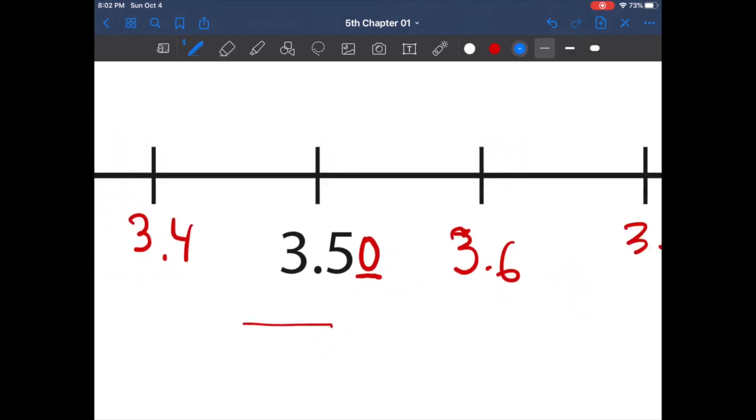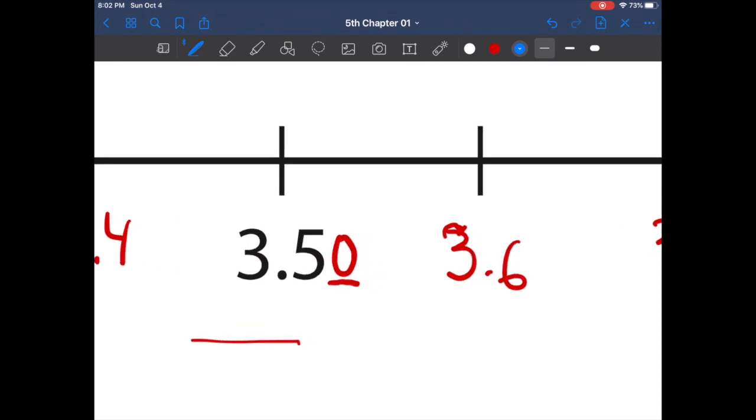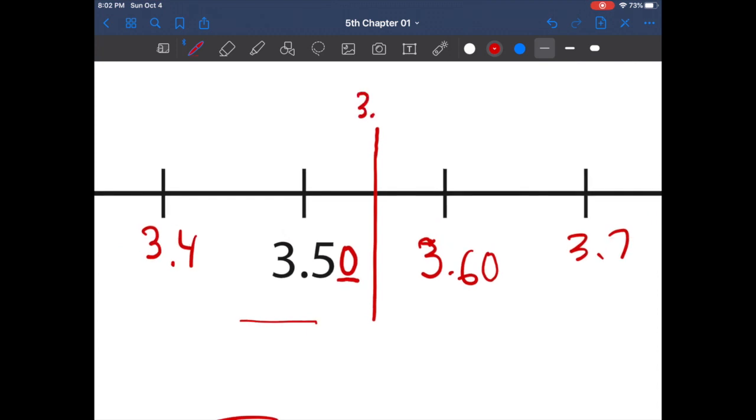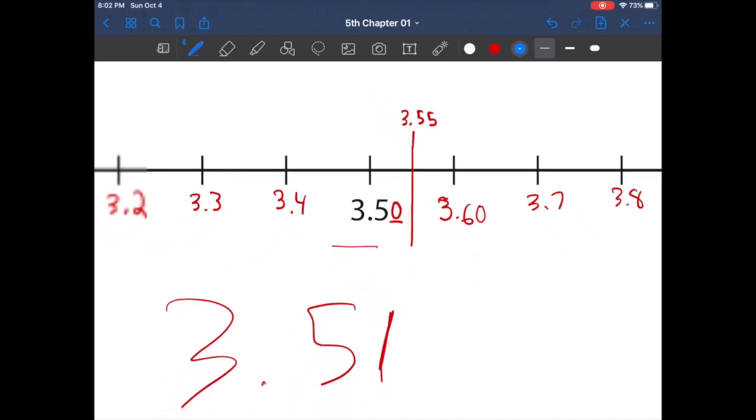For example, let me ask you another question. If I broke this down right here between 3.5 and 3.60, what's in the middle of these two numbers? Wouldn't it be 3.55? In the middle of 50 and 60 would be 55. So then my question is, where is 51?